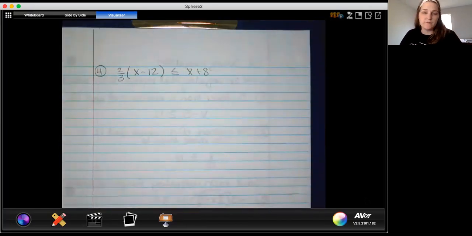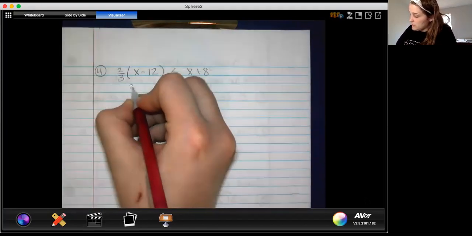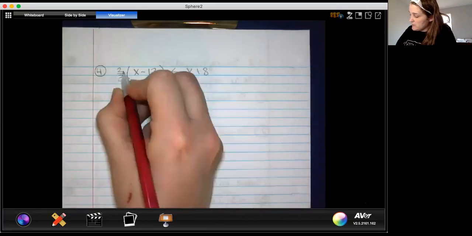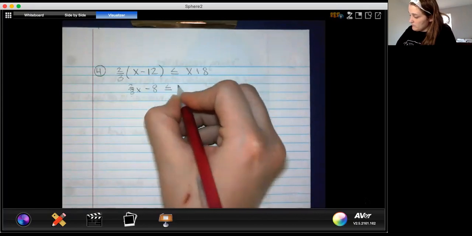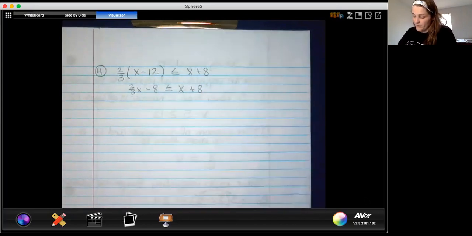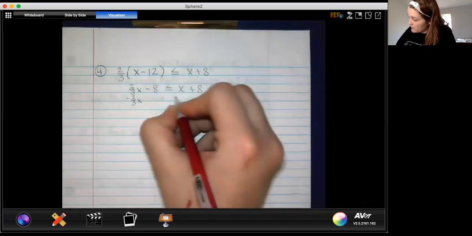Since we have to solve for x and there's an x on both sides, in this case we do need to distribute the 2/3. So 2/3 x, and 2/3 of negative 12 is negative 8. I'm going to subtract my 2/3 x to the other side.